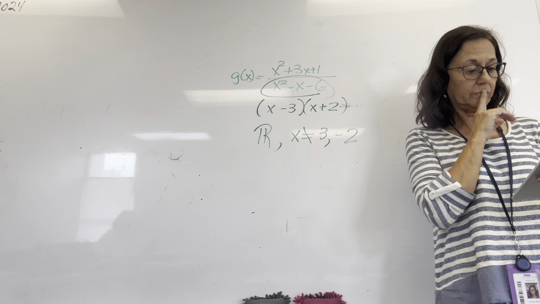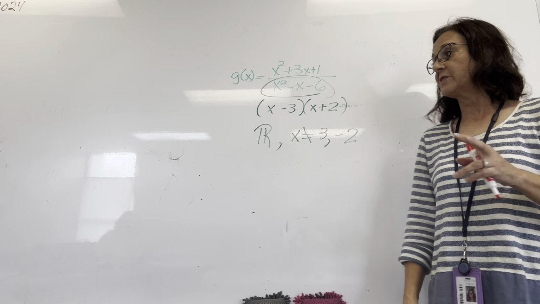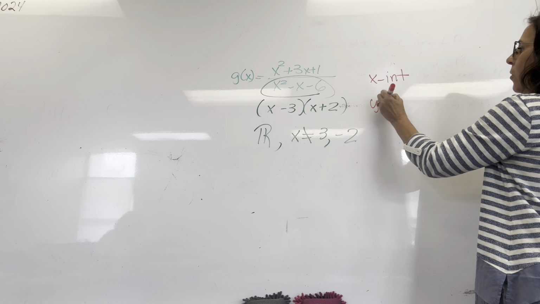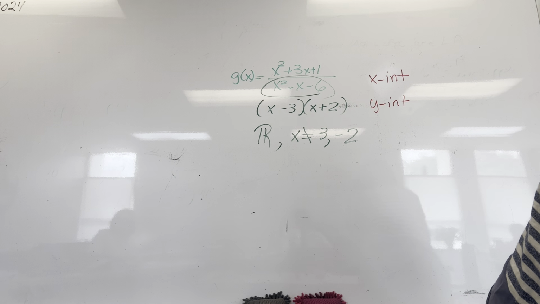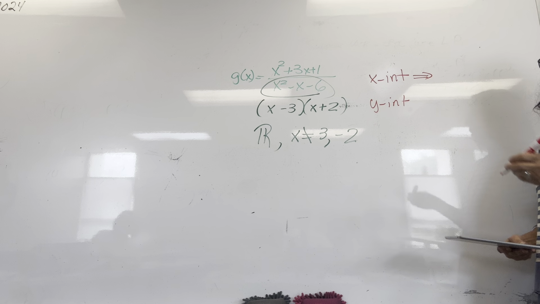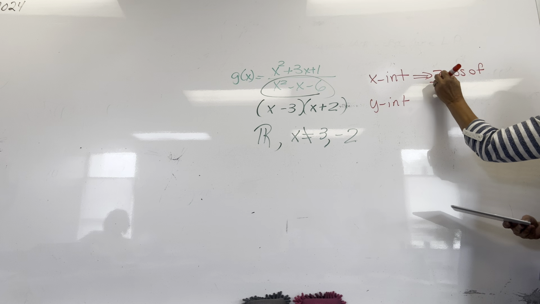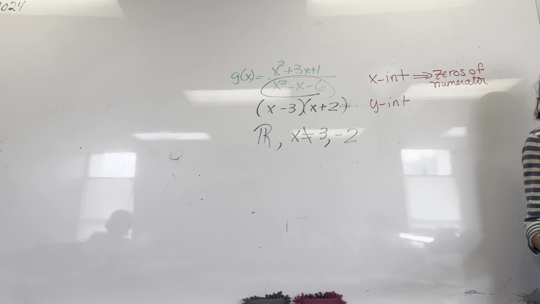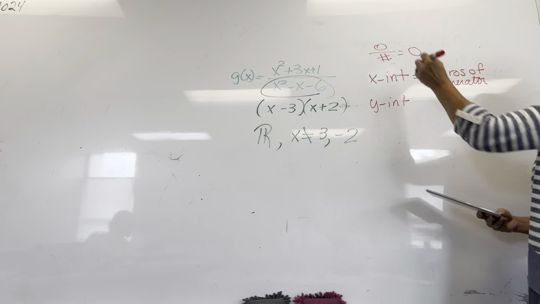Now, we're going to talk about intercepts. There are two intercepts: x-intercepts and y-intercepts for rational functions. For the x-intercepts, you're going to look at the zeros of the numerator only, because 0 divided by a number equals 0.